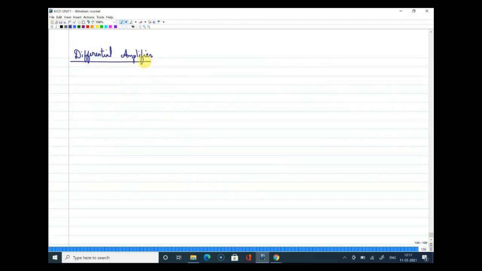All right. So if you ask me the definition of a differential amplifier, I would say what we need is a high gain amplifier, because everywhere we need high gain amplifiers. One more need is that the amplifier circuit should also respond to a differential signal.